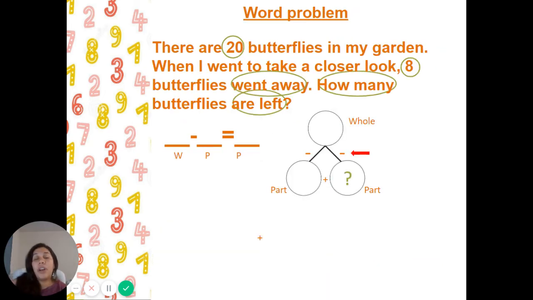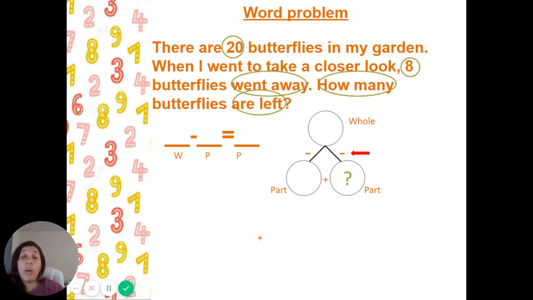So if we have the number bonds here, remember that we have two parts and a whole. In the number sentence, we take away one of the parts from the whole, so that way we will find out what is the other part, okay? Because that's what we want. What is the other part? How many are left?